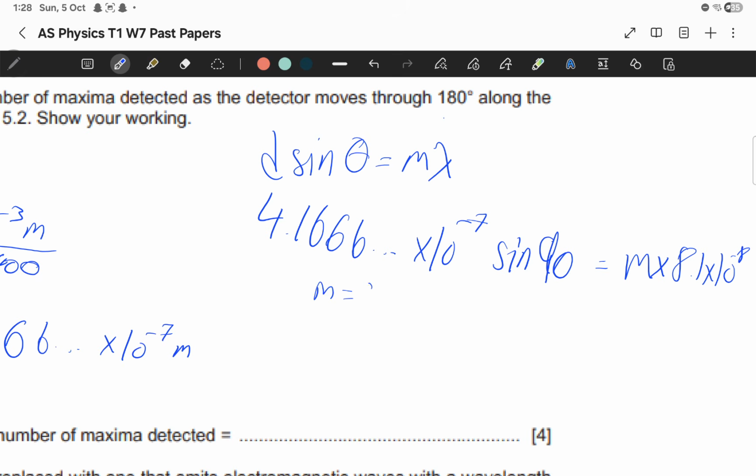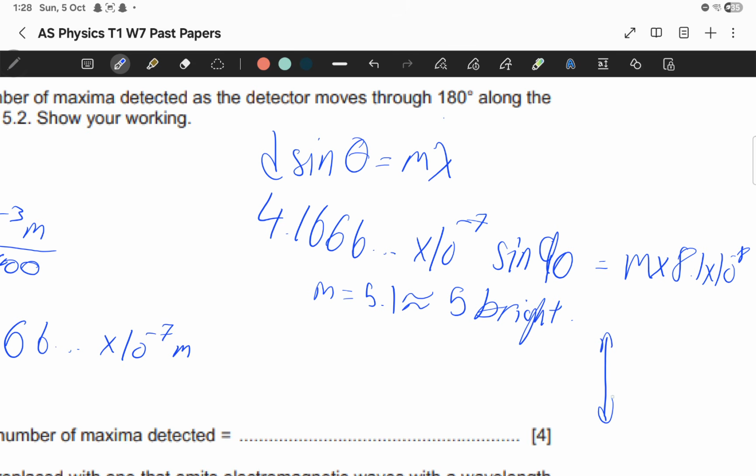M is equal to 5.1 bright fringes. However, you can't have m as 5.1. You always have to round down, even if it's 5.999. So this is going to be 5 bright fringes.